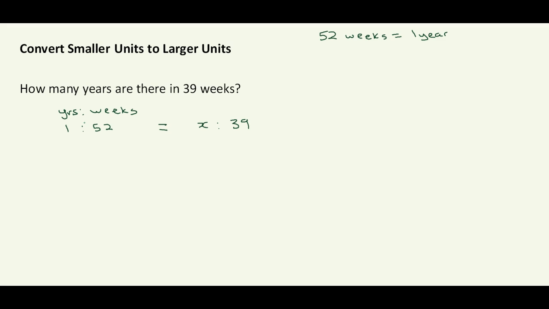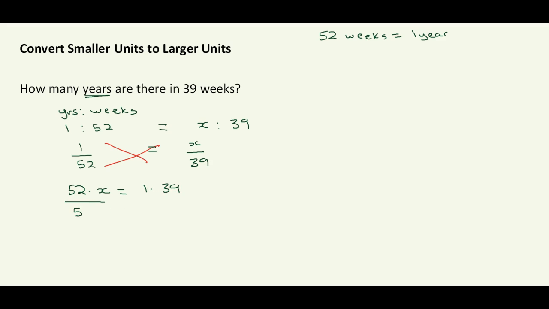What I'm doing here is putting the unit we're trying to find on the left hand side of my ratio, just so that it's easy to see the relationship. So now we're going to create our fractional relationship. 1 over 52 is equal to x over 39. And so we're going to cross product this now. Okay, so now we have 52 times x is equal to 1 times 39.